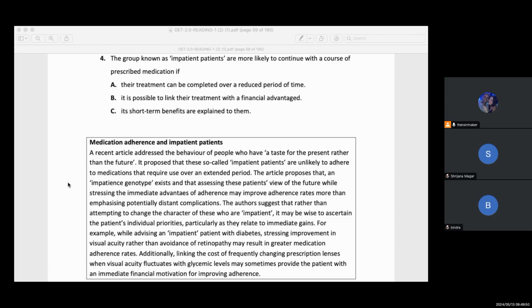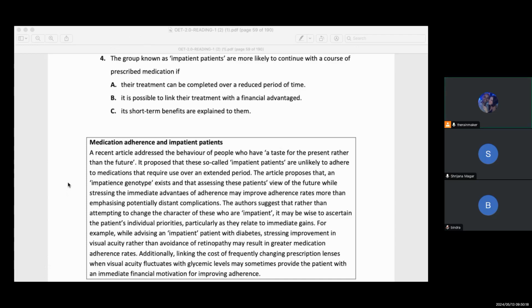Which one? A, no. Where have they given that their treatment can be completed over a reduced period of time? No, it doesn't talk about it. Where does it talk? Which sentence made it believe?